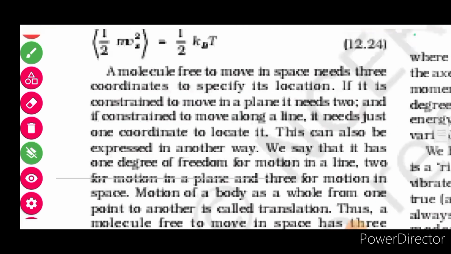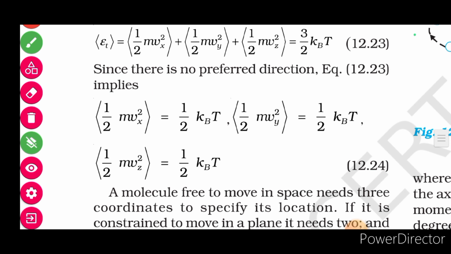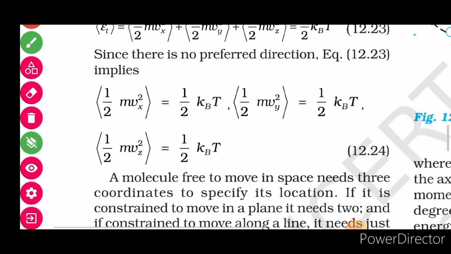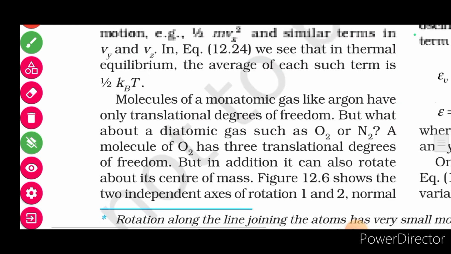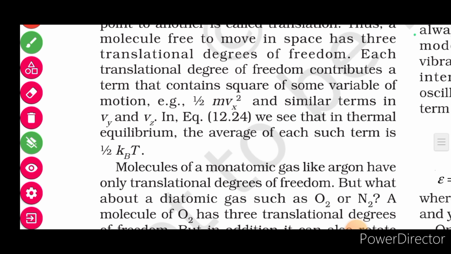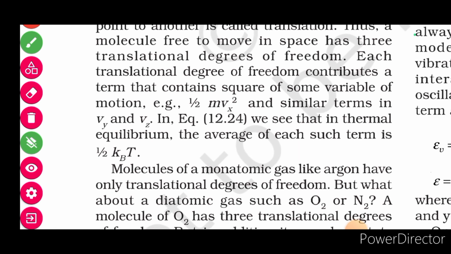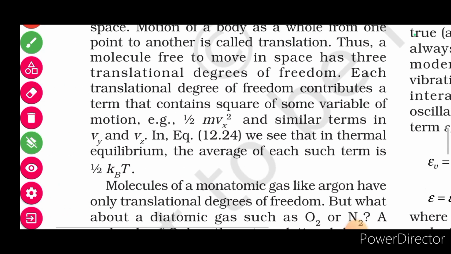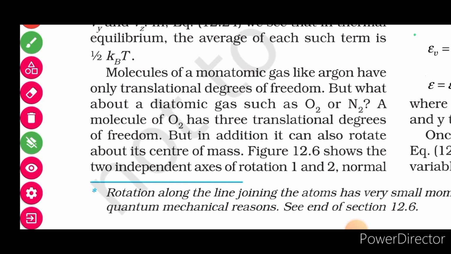As I told you, each direction contributes some energy, equal to half kT. In thermal equilibrium, the average of such terms is half kT. Both ways we can say half kT, from the formula and from the basic kinetic energy formula. Each motion contributes this much energy. So this is the equipartition of energy.